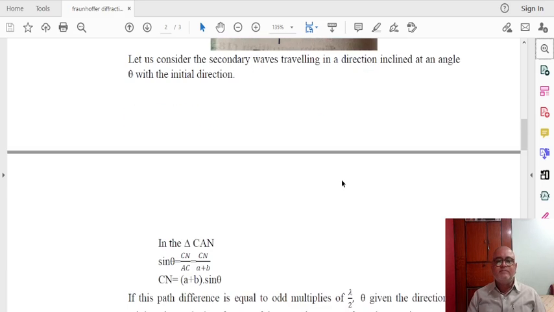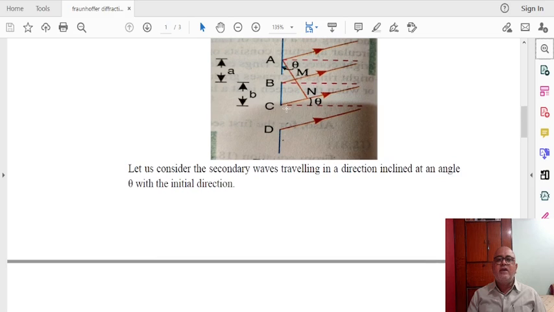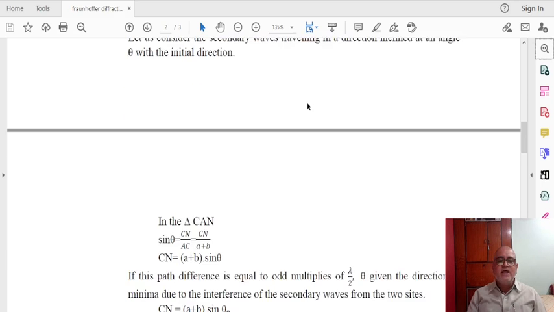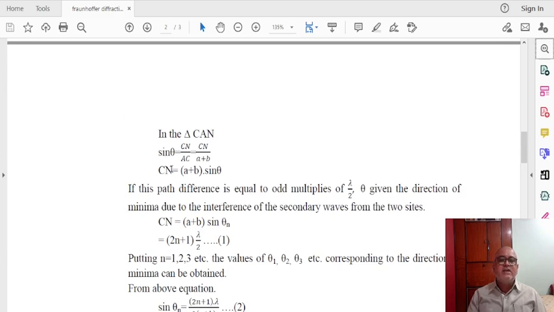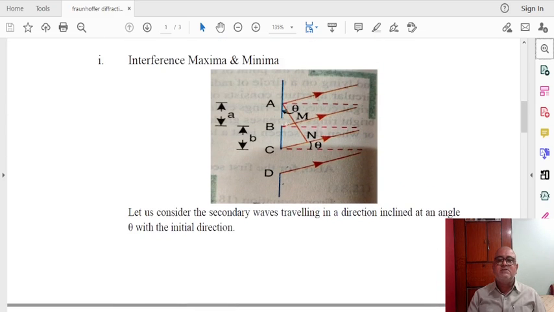Now see here, in the triangle CAN, this is C, this is A and this is N. In this triangle, sine of theta is nothing but CN upon AC.